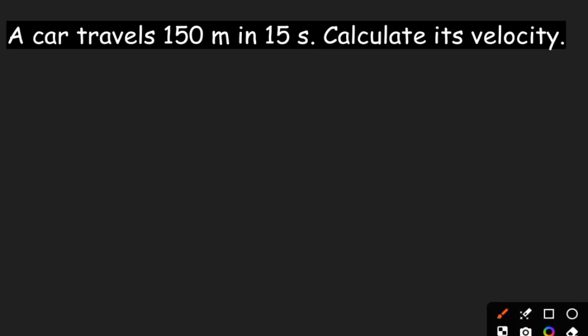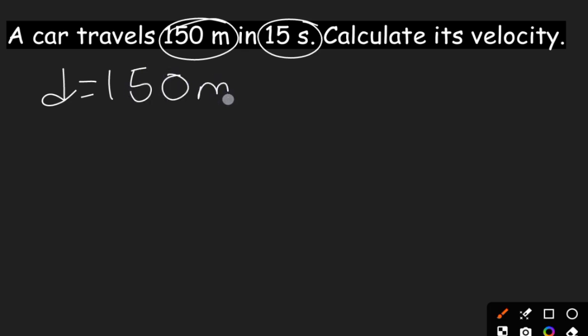So with this question, a car travels 150 meters in 15 seconds. Calculate its velocity. So this is very basic and simple to follow. So first, your distance is 150 meters. Then your time is 15 seconds.